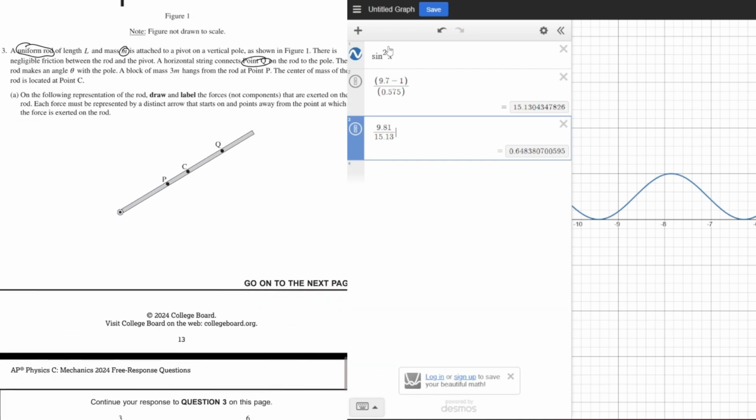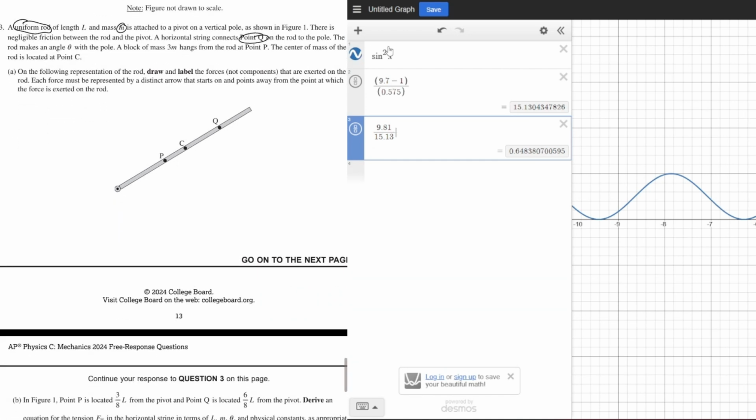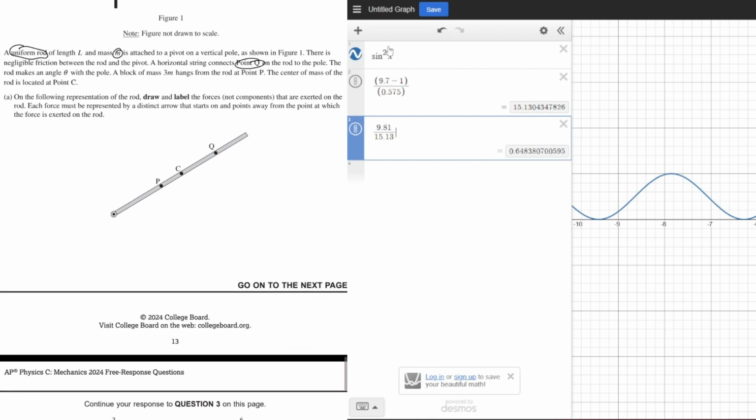So on the following representation of the rod, draw and label the forces, not components, that are exerted on the rod. Okay, so if 3m is pulled down, this is not moving. That means the force of tension is equal to 3mg. So I'm just going to write at point P, F 3mg. It's really easy to just keep it that way.